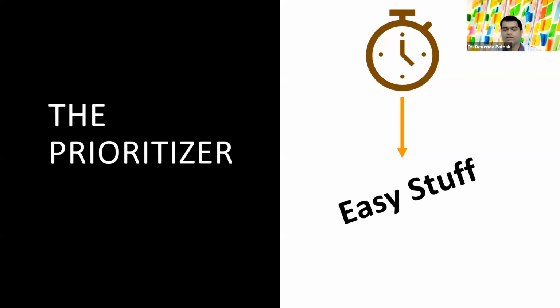So whatever category you are in, whether you are a seeker, consolidator, planner, or prioritizer: if you are a prioritizer, great. You still have a chance to improve yourself, to make sure your productivity is maximum. But if you are in any of the other three categories, you can try to fall in the fourth category, that is prioritizer.